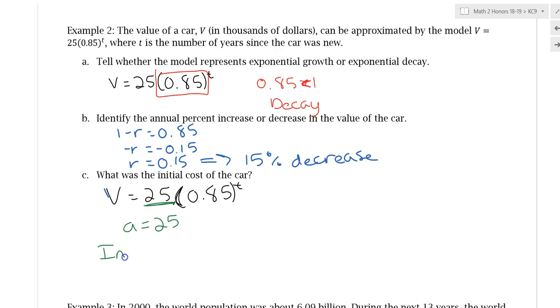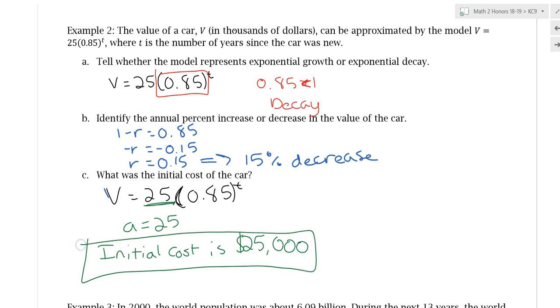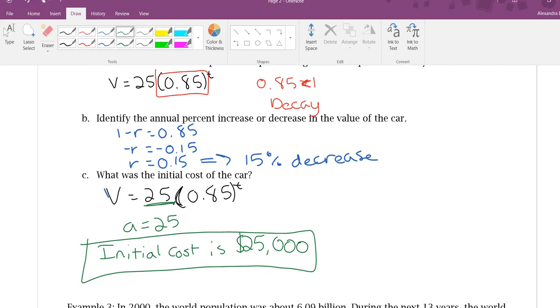So initial cost, again, I put 25 because it's in thousands of dollars. A equals 25, the initial cost is $25,000.